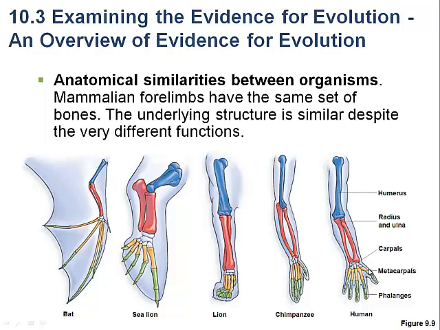You have carpals, which are your wrist bones, metacarpals, which are your hand bones, and phalanges, which are your finger bones. If we look at a chimpanzee, not surprisingly, we see a remarkably similar conformation. We see all those same bones. It may be a little surprising to know that when we look at a lion, we also see those same bones. When we look at a sea lion, which has flippers instead of arms, we see the same pattern of bones.